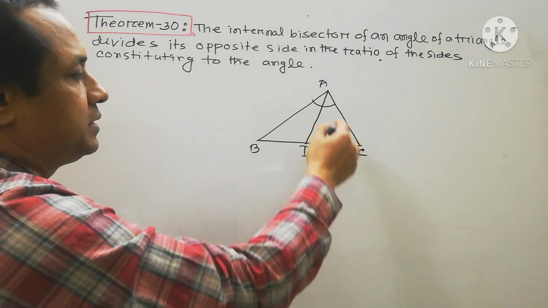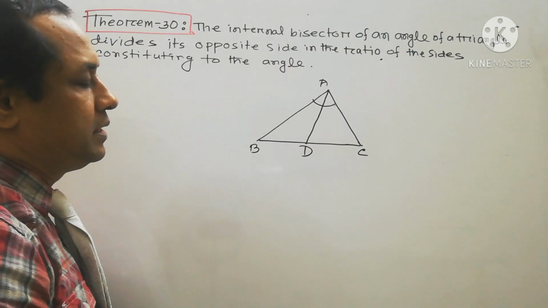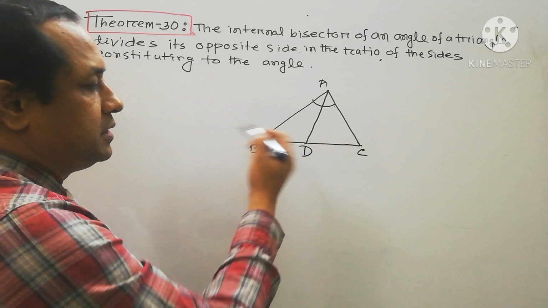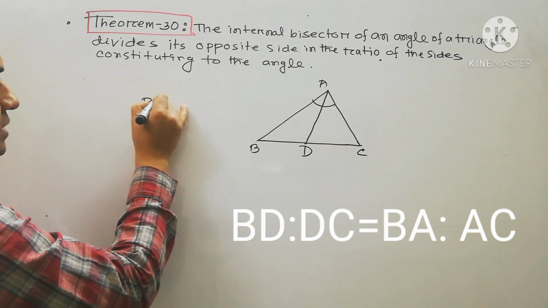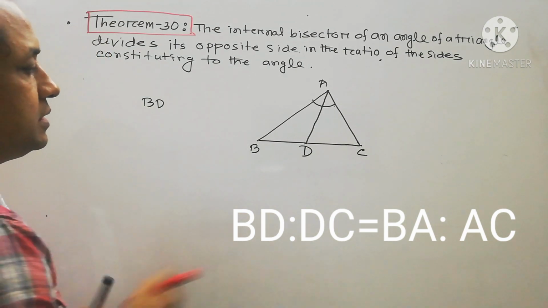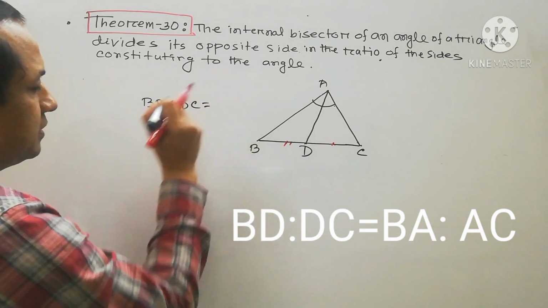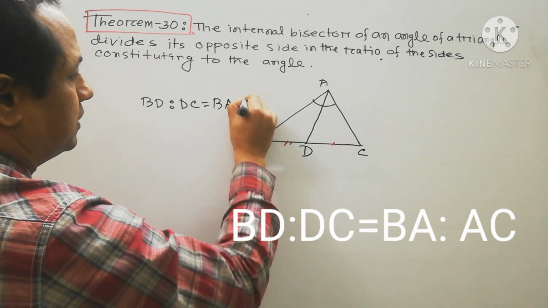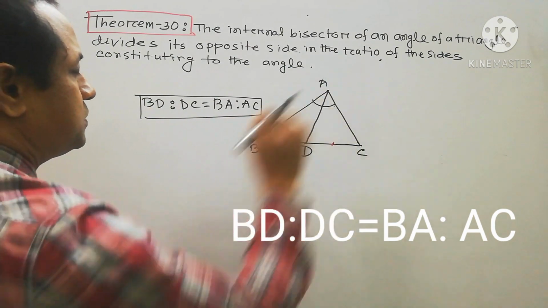In triangle ABC, the line segment AD bisects the internal angle A and intersects the line BC at D. It is required to prove that BD is to DC equals BA is to AC.